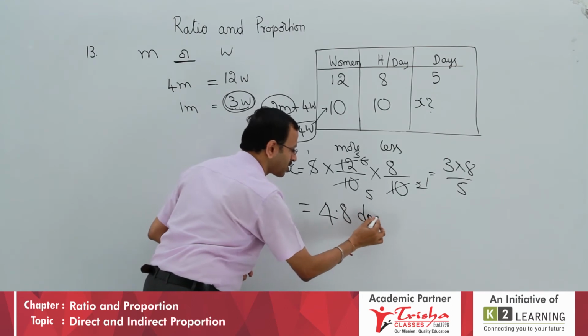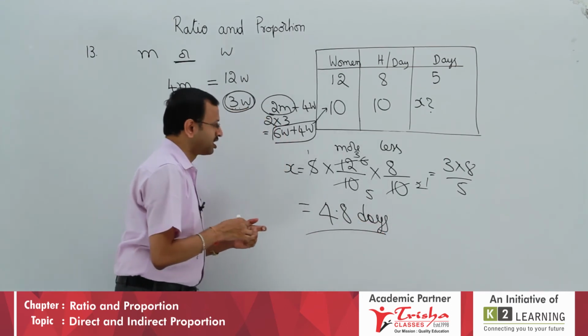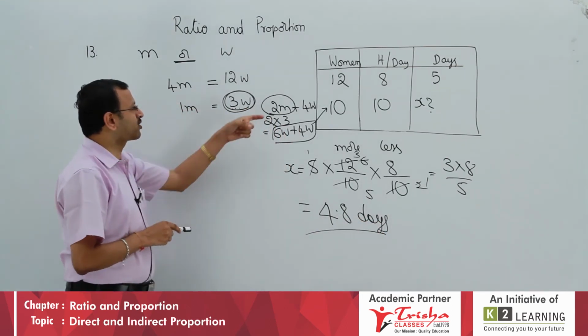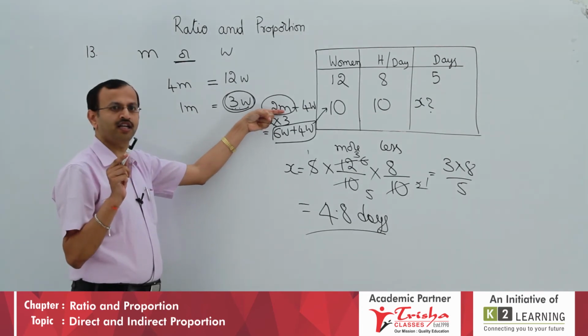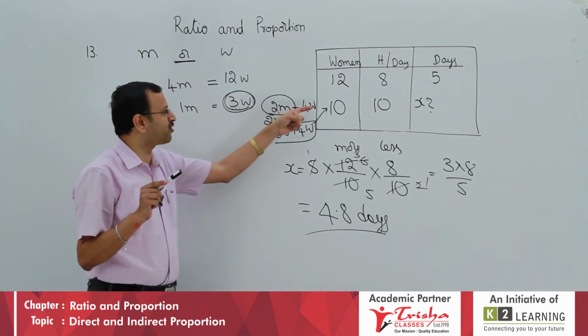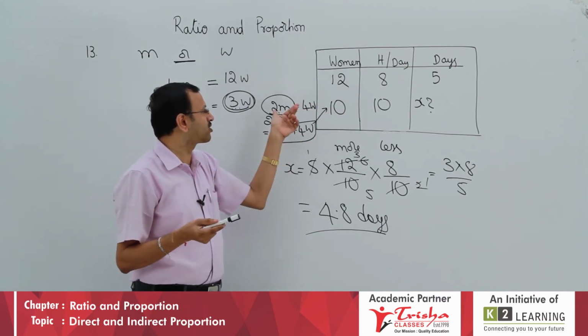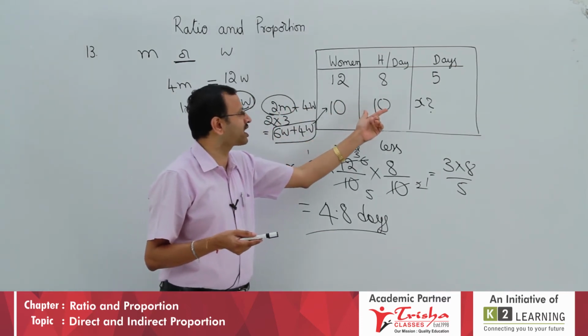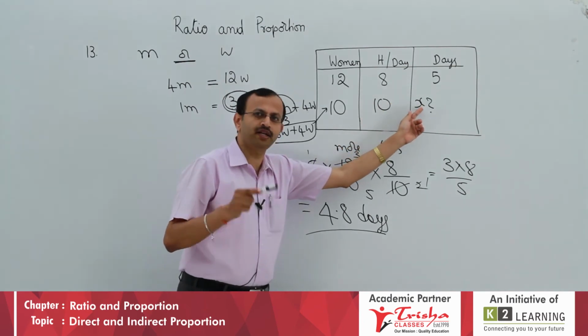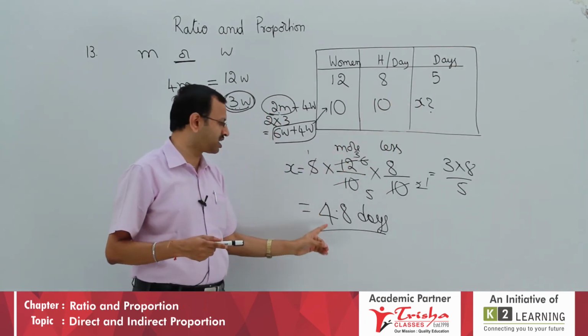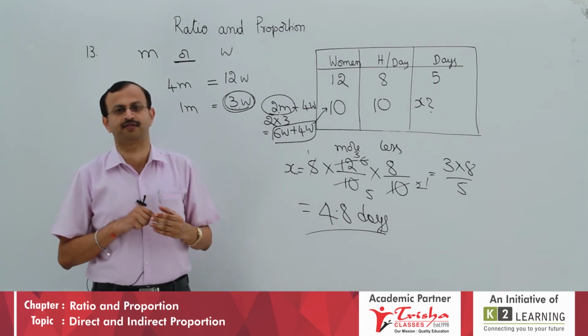So your last concluding answer: read the last line of the question, 2 men and 4 women, which are converted into 10 women, 2 men and 4 women working 10 hours per day can complete the work in how many days? Answer is 4.8 days.